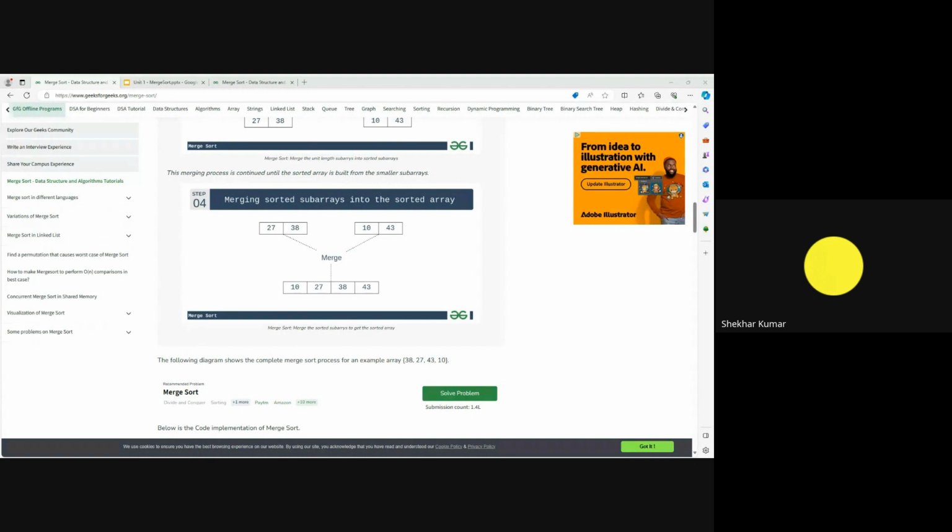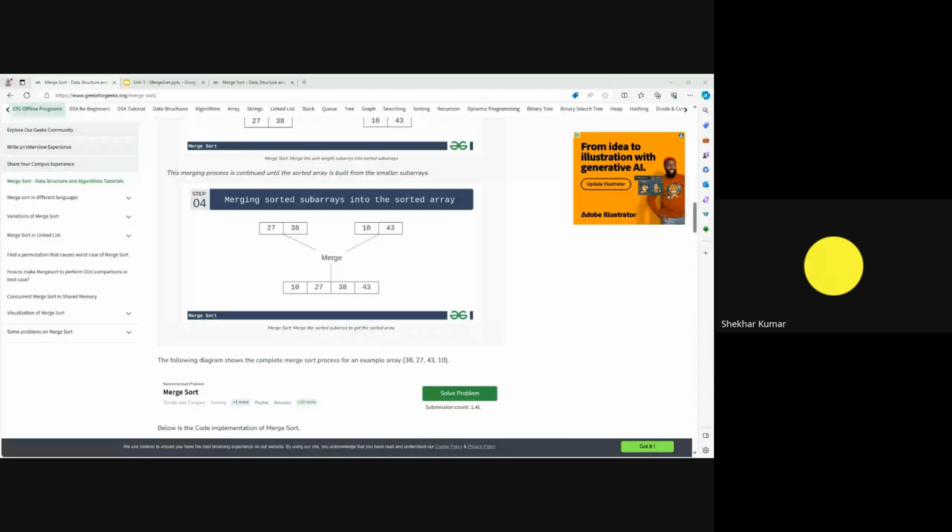After the divide part, you have found the solution of each subproblem. In every step, after finding the solution of each subproblem, you have merged all the subproblem solutions to find the complete solution of the particular given problem. This is called your merge sort procedure.